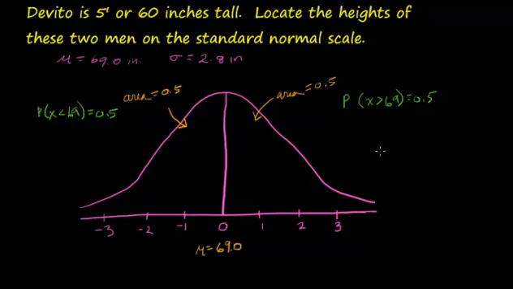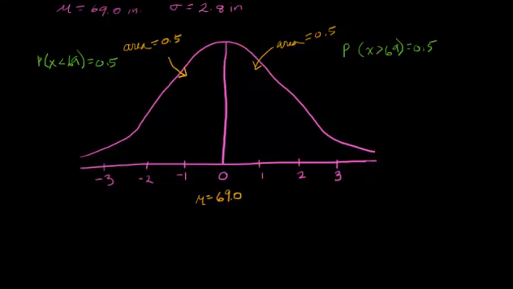Okay, so we wanted to locate these two heights somewhere on our standard normal curve. So first let's label it with the actual height values. If I go 1 standard deviation above the mean, that means I go 69.0 inches plus 1 times 2.8, and that gives me 71.8 inches. So right here at the first standard deviation above the mean, that's 71.8.